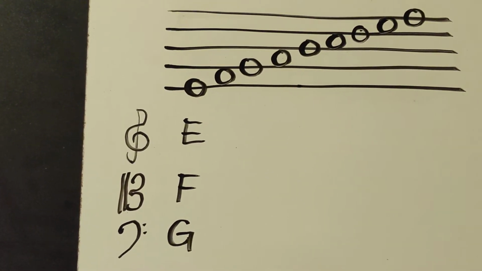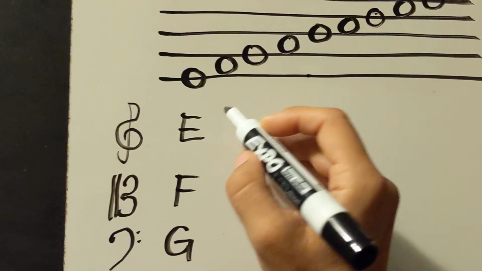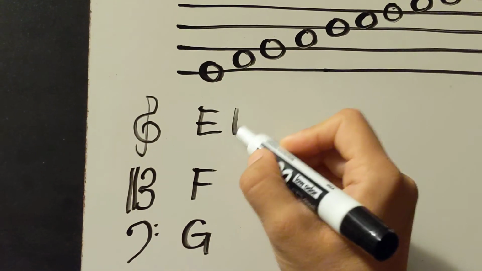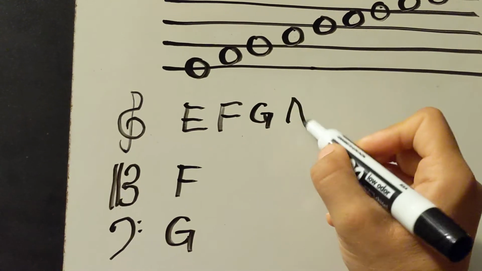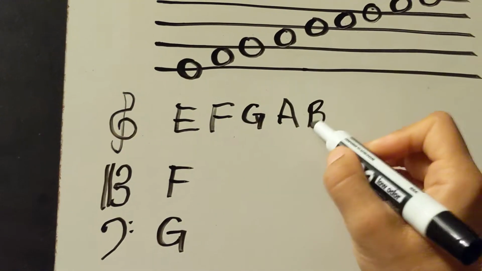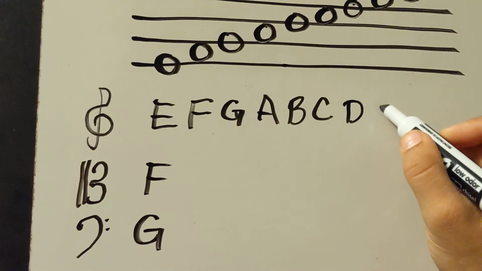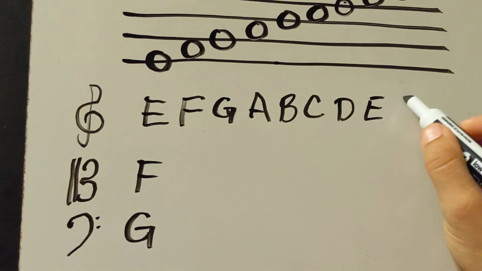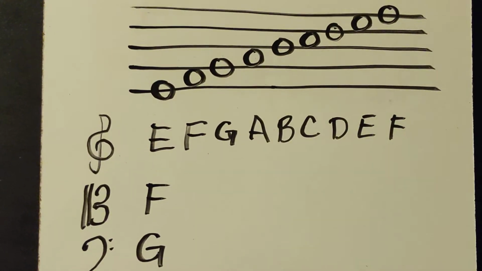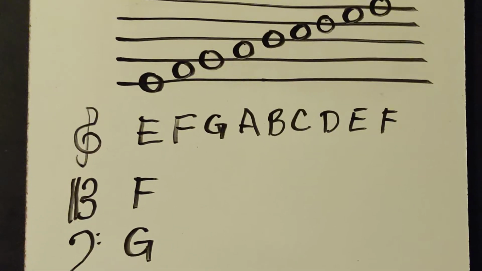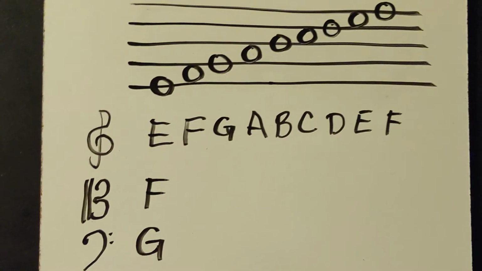So let's go forward in the musical staff for the treble clef. E, F, G, A, B, C, D, E, F. Now, let's go forward in the musical alphabet for the alto clef.